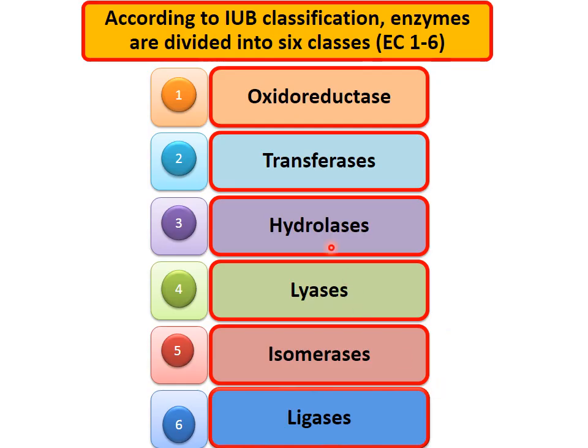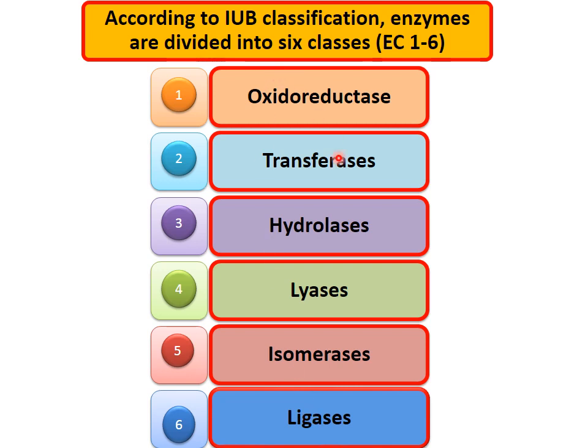Now according to the IUB, International Union of Biochemistry, classification, enzymes are divided into 6 classes. EC number 1 is oxidoreductase, EC number 2 is transferase, EC number 3 is hydrolases, EC number 4 is lyase, EC number 5 is isomerase, and EC number 6 is ligase.